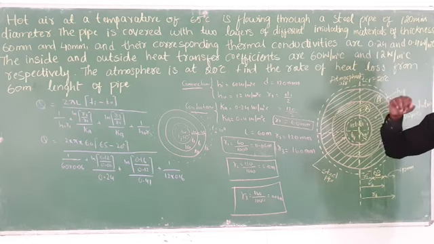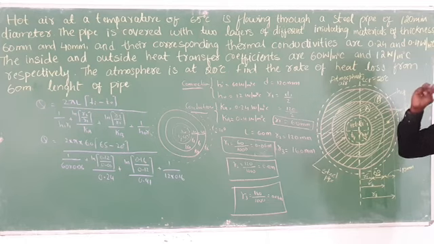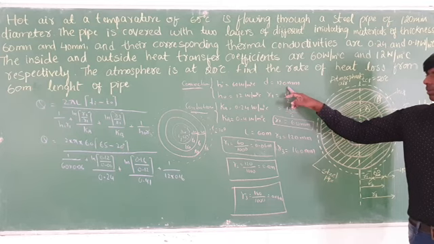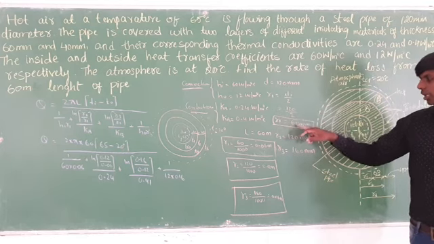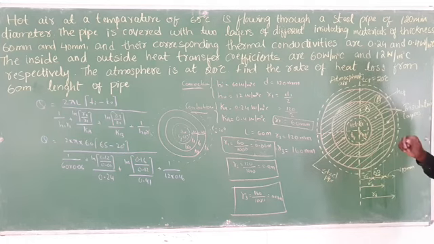Later on you will get the values of R1, R2, R3, and you can convert into meters. The diameter you have to convert into radius: 120 by 2, so R1 is 60 mm.